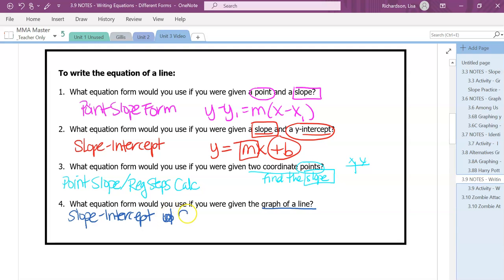As long as we see a clear y-intercept. If the y-intercept is not an exact whole number, then we probably could not write the equation from here.